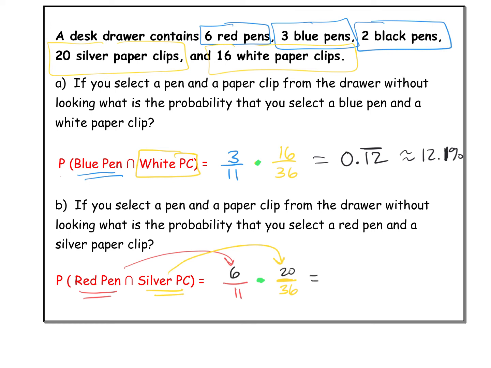And we multiply those two fractions, and we get 30. Is that repeating? Which is approximately 30.3%. Questions on this? Compound events with and, we multiply as long as the events are independent. Let's go to the next.